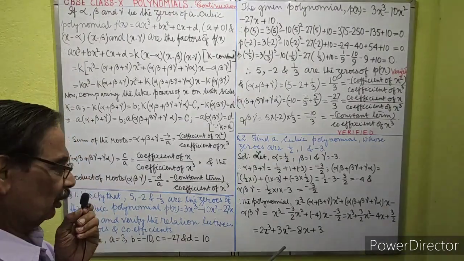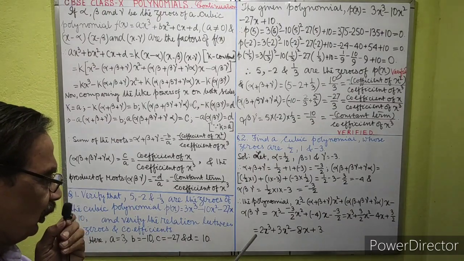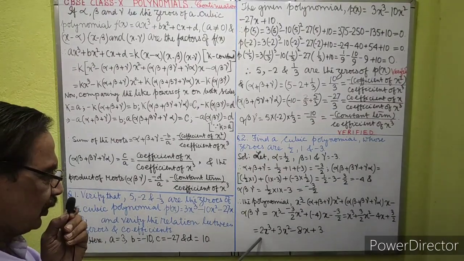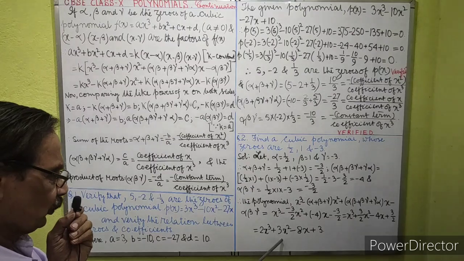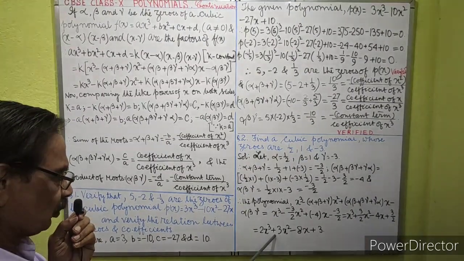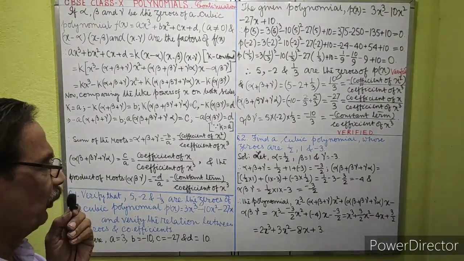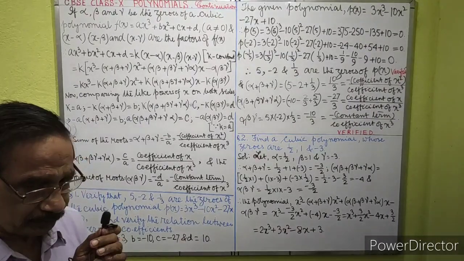By multiplying the terms by 2, we will get 2x cube plus 3x square minus 8x plus 3. This is the cubic polynomial, and this is the answer.